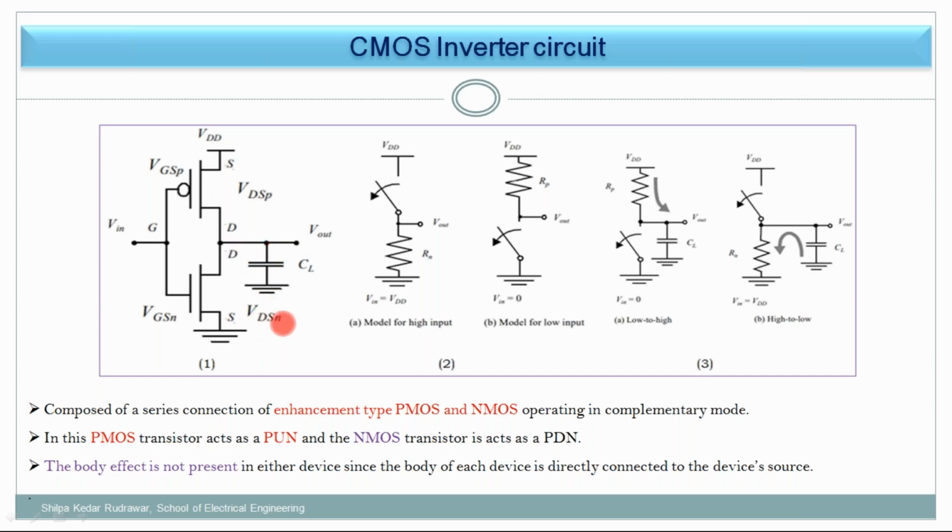And over here this is VDS related to the NMOSFET, and this is VGSN, which is related to the NMOSFET. Now, you know that if I give input high voltage, what will happen? Just tell me in the chat box, because I want to interact with you. In an online session it is not easy, but I will try to interact with you through the chat box. Can you tell me, when I am giving logic 1, which device will turn on?